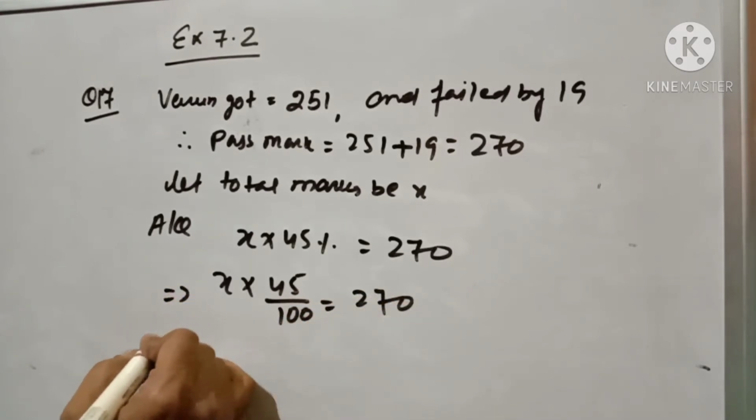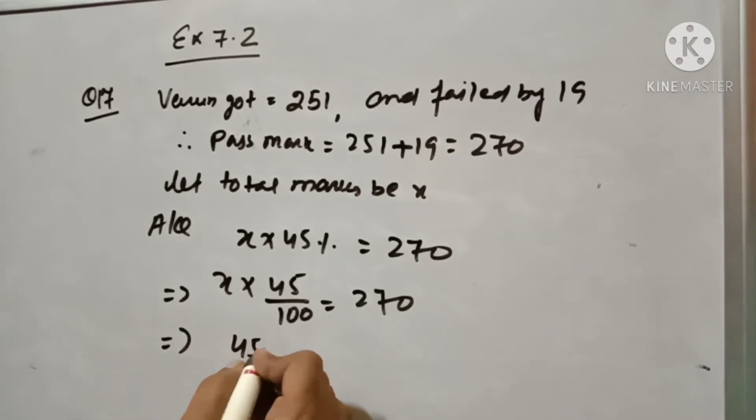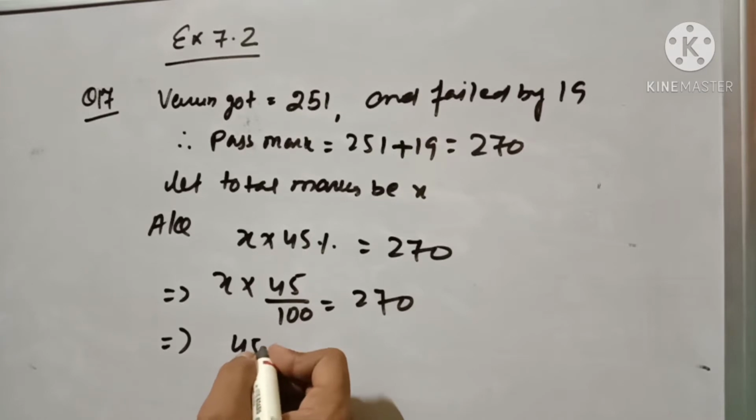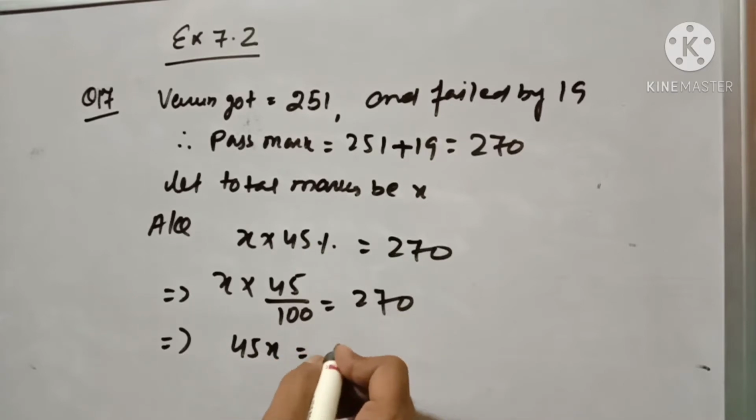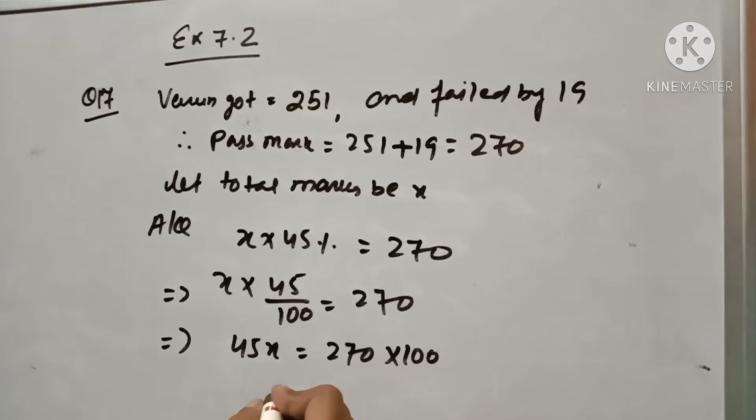This implies that I can write 45x equal to, do the cross multiply, 270 into 100. Therefore x equal to 270 into 100 by 45.